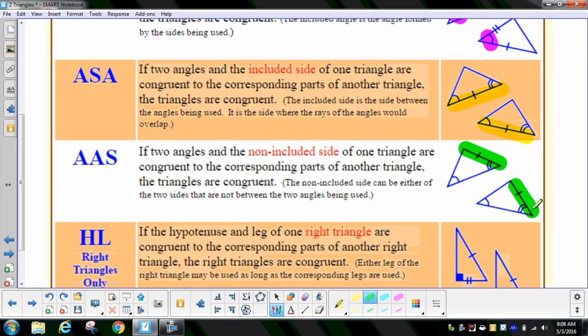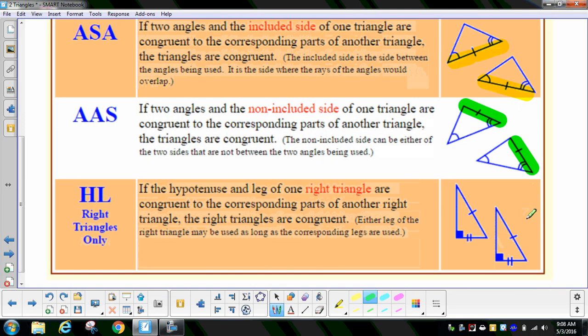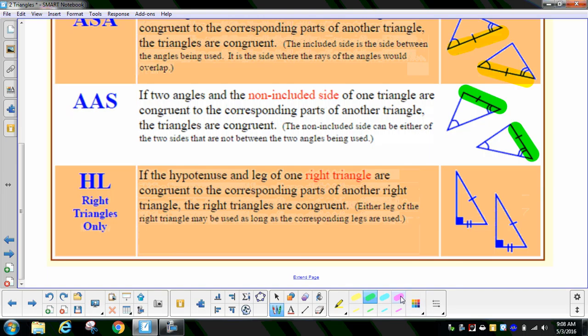Again, this is how we prove these triangles to be congruent to each other. And last but not least, if I have two right triangles, and I know that the two hypotenuses of those triangles are congruent, and then I know that one pair of legs are congruent, then I have hypotenuse leg, and I know those two right triangles are congruent.